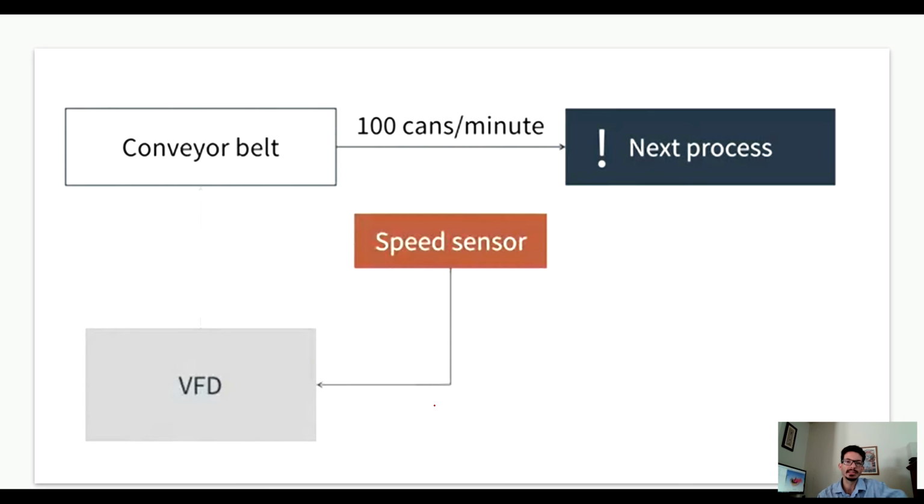A very common example is in the food industry when they're canning food, they're sealing food in cans, and they have a sensor to determine the speed, and they want to vary the speed of filling the cans.